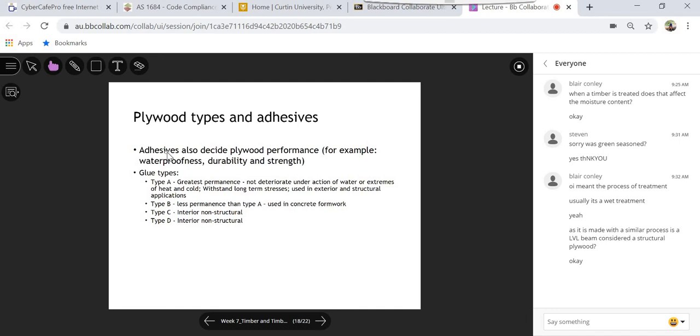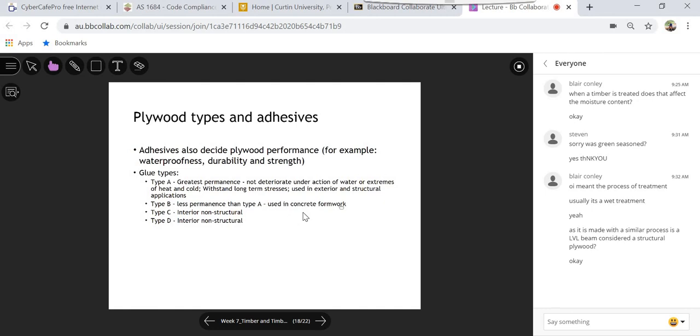We have four types of glues, type A, B, C, and D. If we want to use exterior and structural grade applications, the glue type should definitely be A.